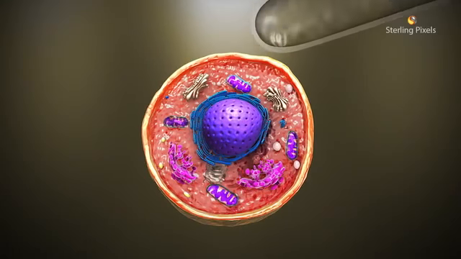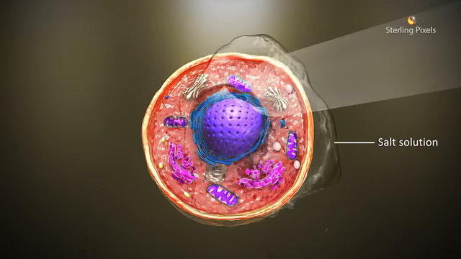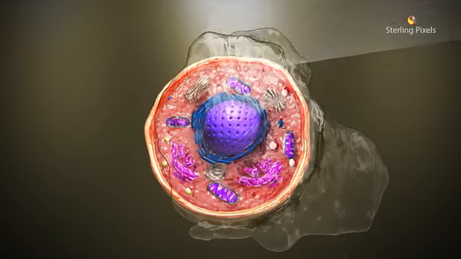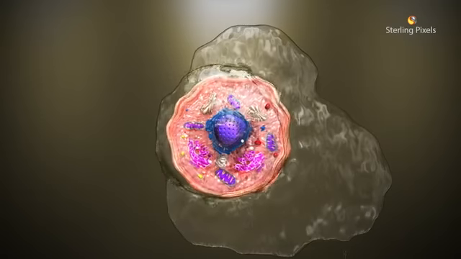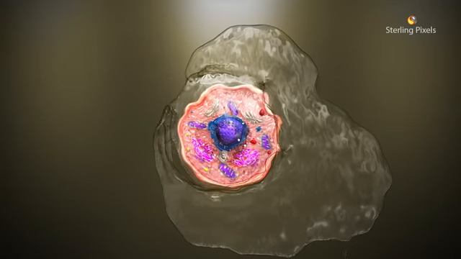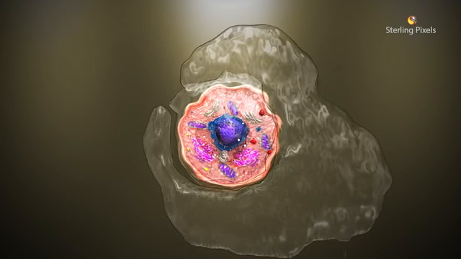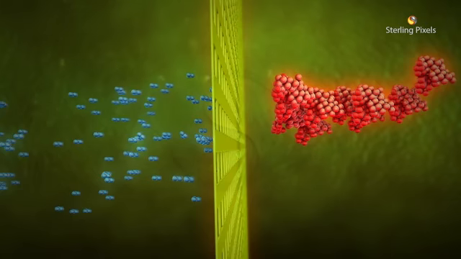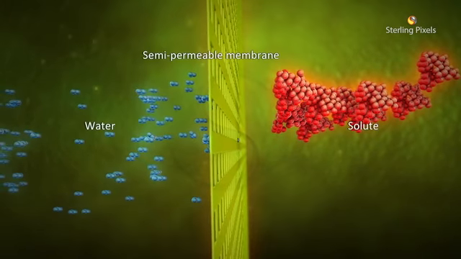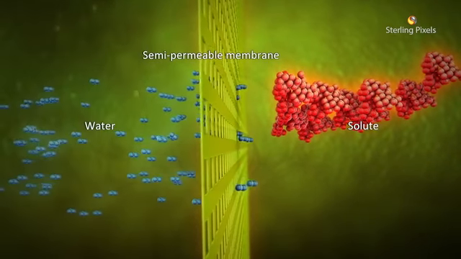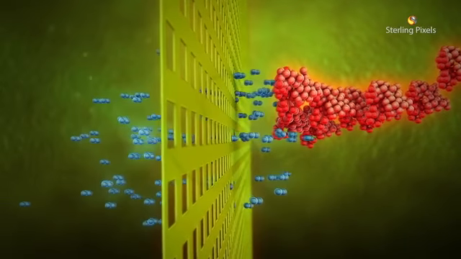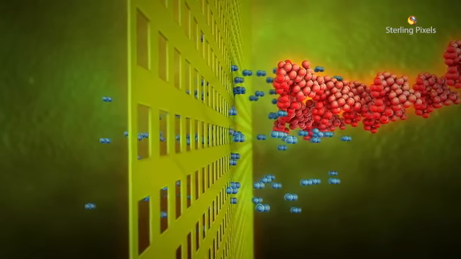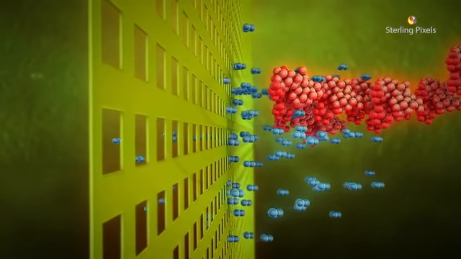When a cell is submerged in a salt solution, the concentration of the solute in the surrounding is high, and so the water from the cell moves outside. Thus, osmosis is the diffusion of water across the cell membrane in the direction where there is a higher concentration of solute.